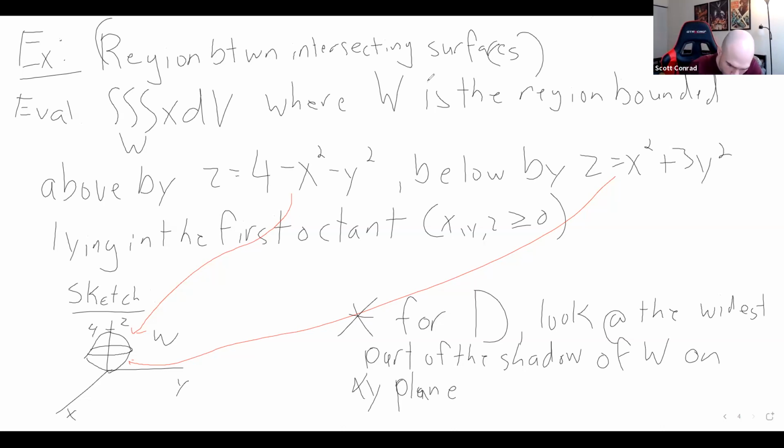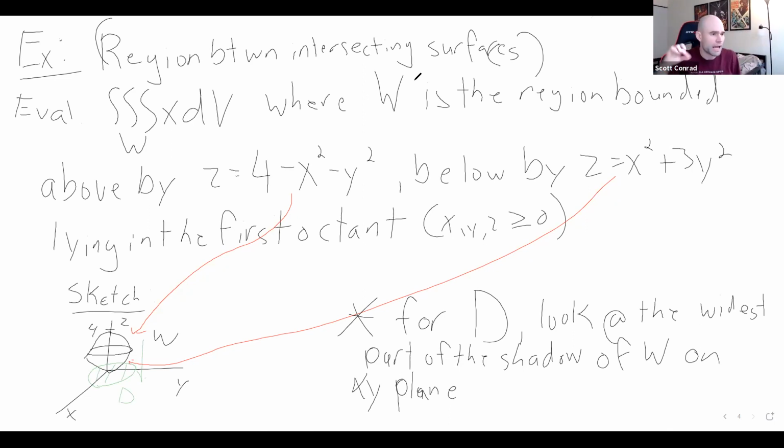So if we project this down to the XY plane, if we look at the shadow of this guy, the outer curve of the shadow, that's going to come from the widest part of W.